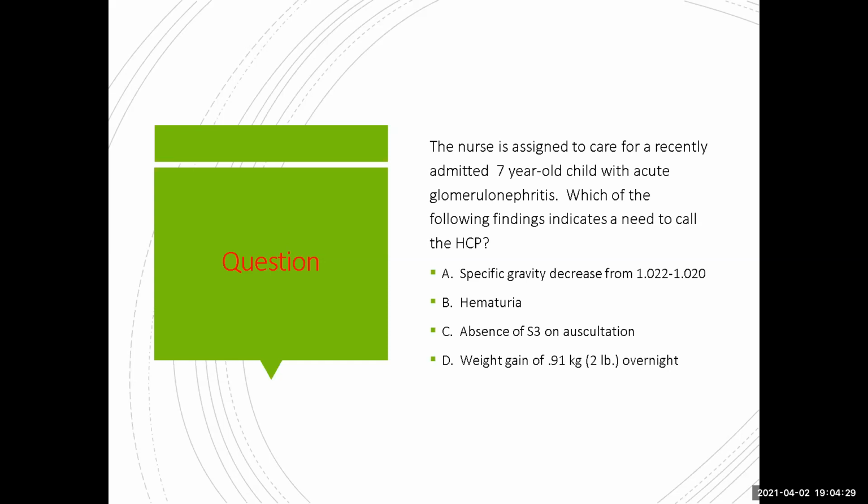What do you think? D. Who said that? Was that Brittany? I was going to say D, definitely. That's an acute finding. I guess that's the better way to say it. Of 2 pounds overnight of fluid. Okay, for a child, that's a lot.